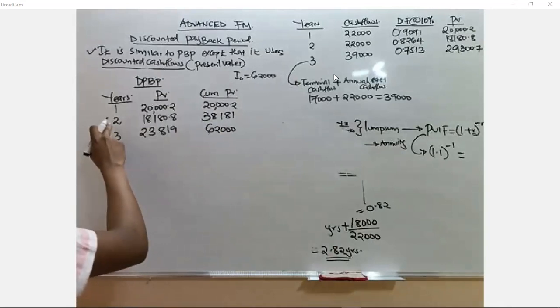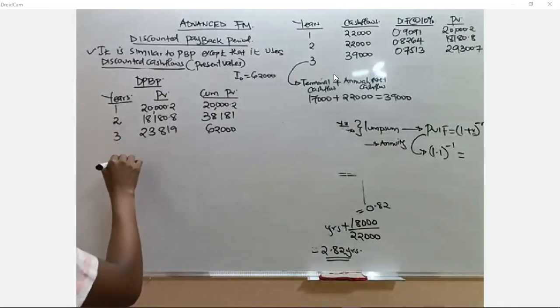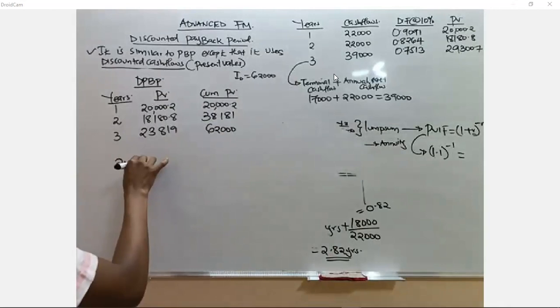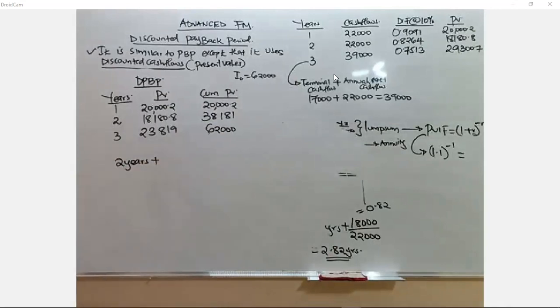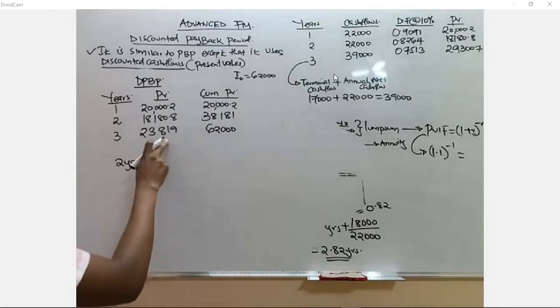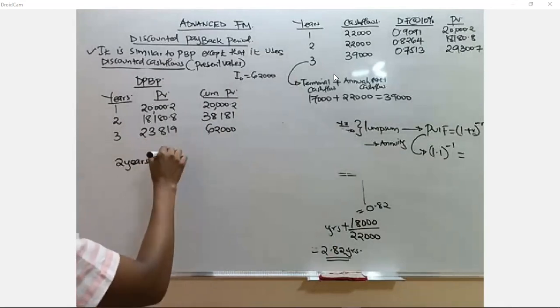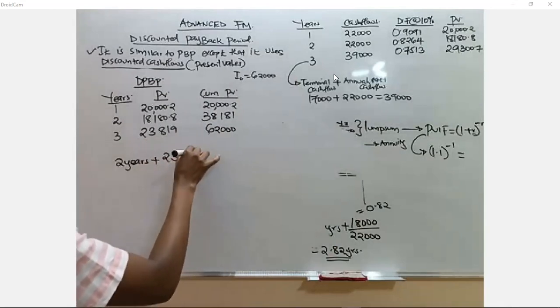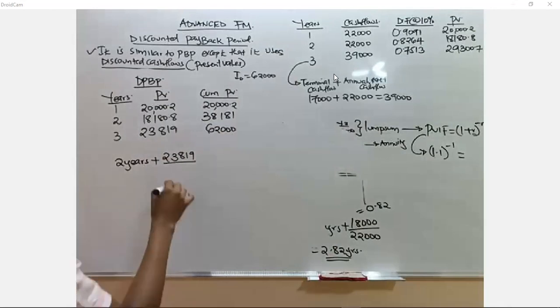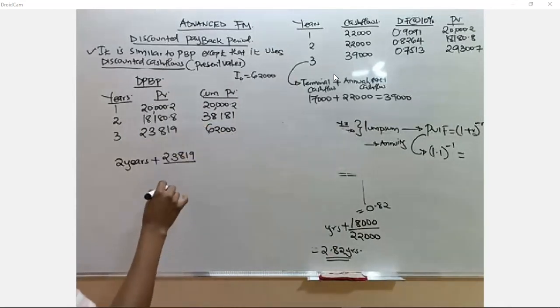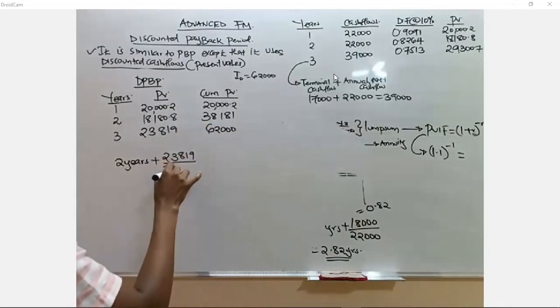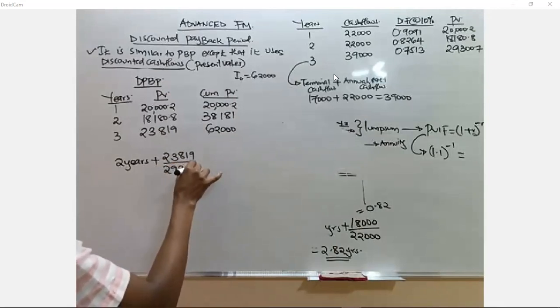So to determine the discounted payback period, you say, it is very good, I have already used 2 years fully. So it is 2 years plus the present value required for year 3, which is 23,819, divided by the total present value for year 3, which is 29,300.7.